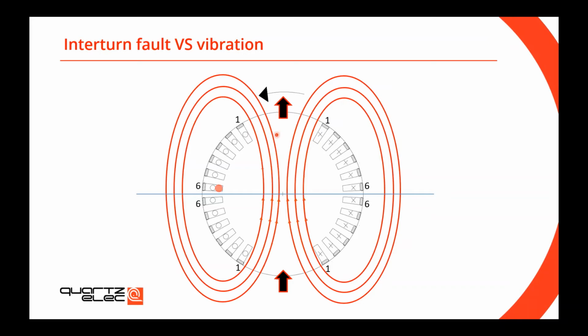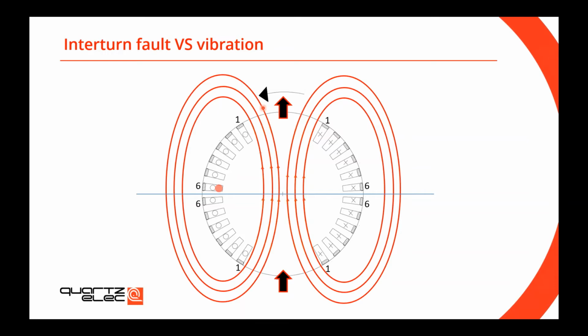The red lines that you see here are the main flux produced by your field. When I say field, I mean the rotor. If you have an interturn fault on coil 6, as an example here, because of the proximity of coil 6 on the other pole, this fault doesn't have that much influence on the production of the main flux.